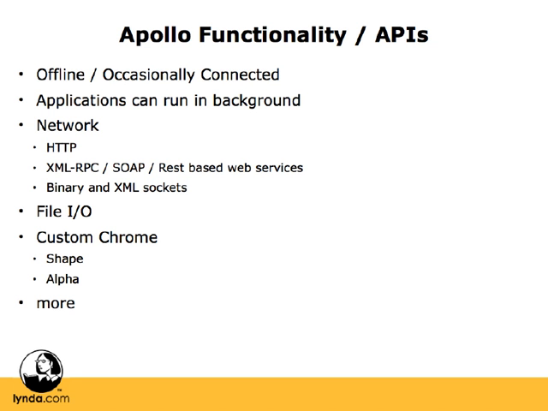Apollo also provides a full File I/O API that allows you to read and write files from the file system. And finally, Apollo gives designers and developers full control over the windowing modes for their application. You can either choose to use the chrome or the windowing skin that's provided by the operating system or completely design and develop your own.